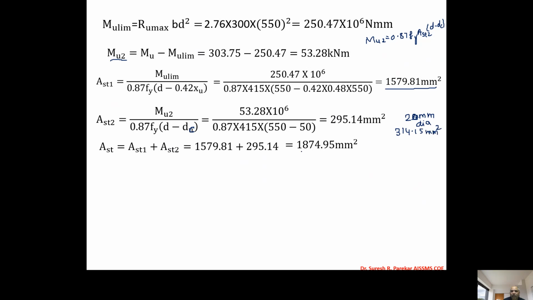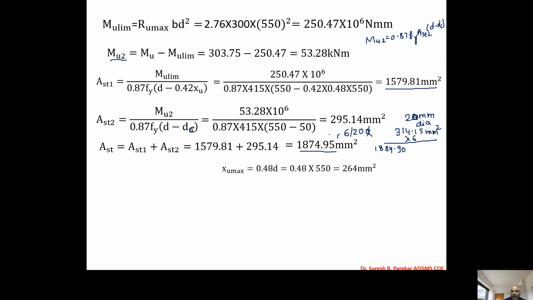And we have 1874, so if we go for 3 into 6, then we are going to get 1884.90, which is greater than this. So we can provide here 6 bars of 20 torque. You have to calculate it and decide the number of bars.